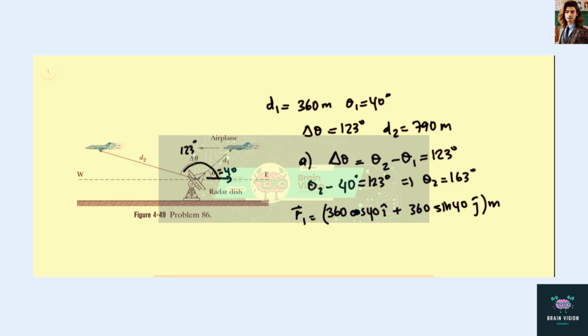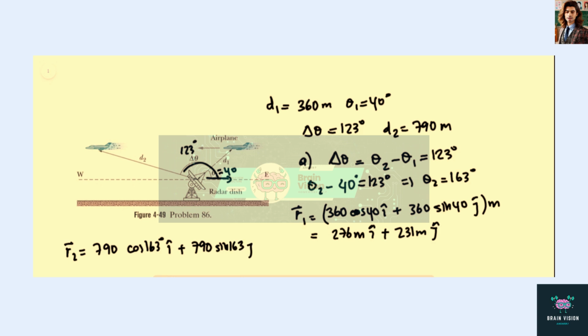These are all in meters. So R1 then is going to be equal to 276 meters in the i hat direction plus 231 meters in the j hat direction. If we do the same for R2, the magnitude is 790, right? 790 cosine 163 i hat plus 790 sine 163 j hat.